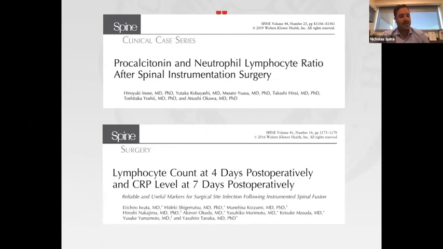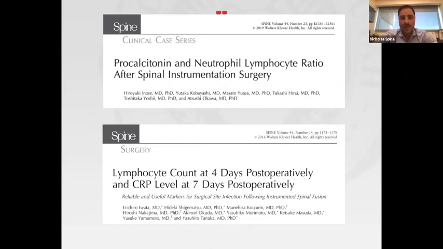There have been several studies looking at other acute phase reactants in both spine surgery as well as the periprosthetic joint infection literature. Some of them that are done in spine have looked at procalcitonin. That's kind of been a hot acute phase reactant, neutrophil and lymphocyte ratio, lymphocyte count.